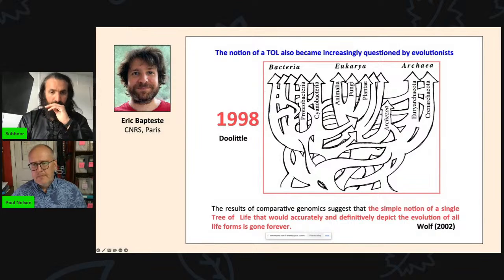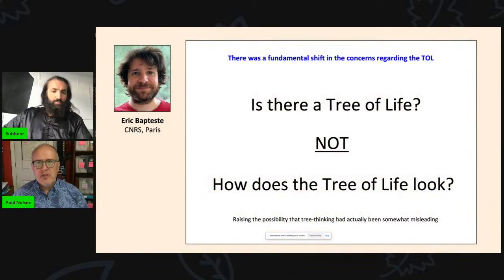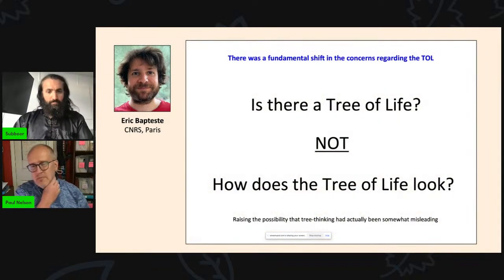He's quoting Uri Wolf, who is one of Eugene Koonin's collaborators. Again, from the same lecture, another screen capture. The question, Baptiste says, should be, is there a tree of life? Not, how does the tree of life look? And he says, this tree of life geometry has been somewhat misleading.